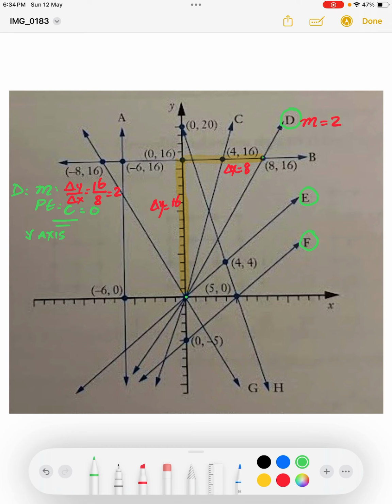We can substitute straight away into the formula y equals mx plus c.